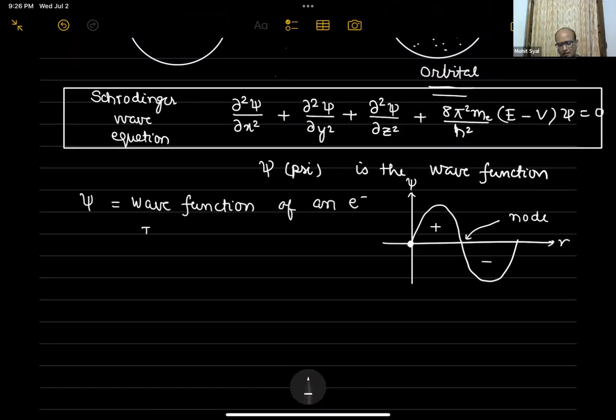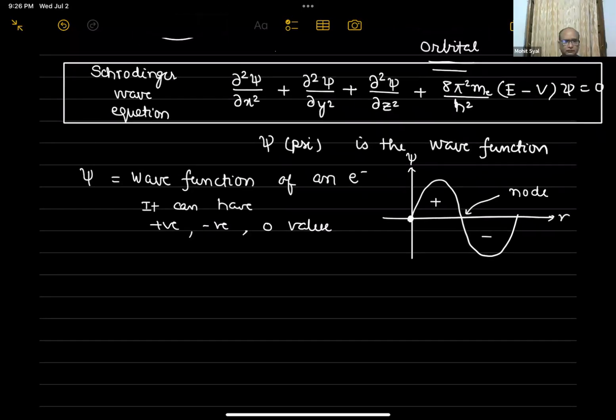Is it clear? It is just like the amplitude of the electron wave.